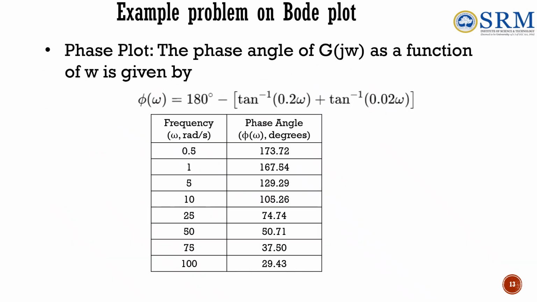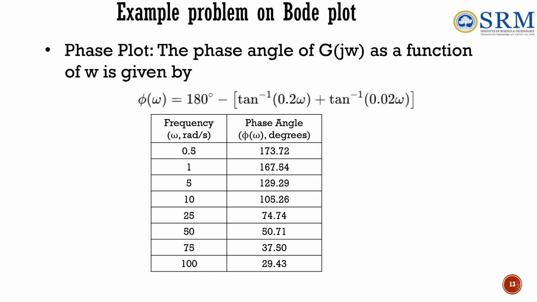Next we are going to see the phase plot. To plot the phase, first we need to determine the phase angle as a function of ω for the given transfer function. For the given transfer function, we have a (jω)² term in the numerator, so the angle is 180 degrees for that term alone.